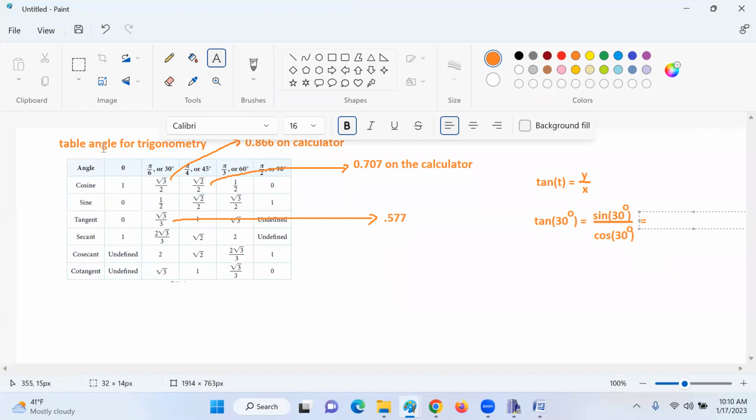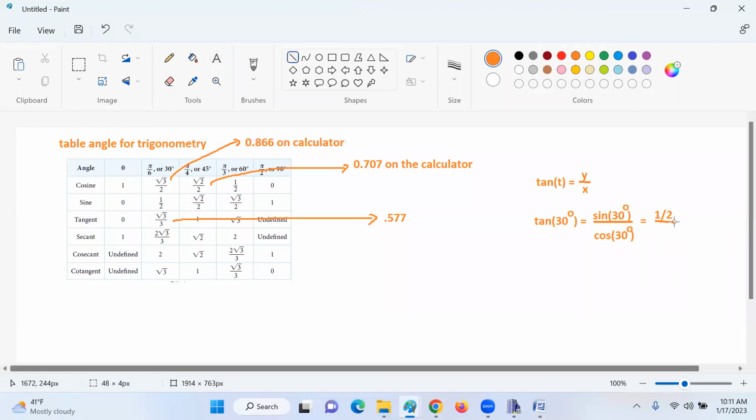So the sine of 30 degrees is 1 over 2, and the cosine of 30 degrees is radical 3 over 2.